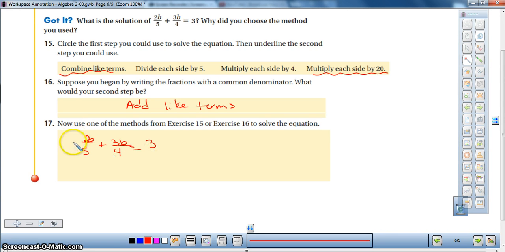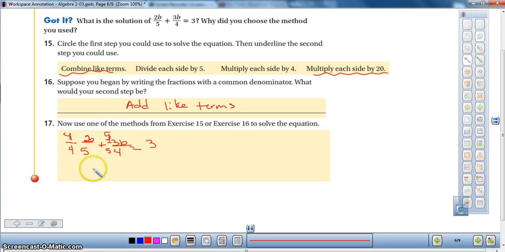Before I can add those, I need a common denominator, so I multiply the first one by 4 and the second one by 5. When we multiply, we need to multiply both numerator and denominator by the same number. You can't multiply by 1/4, but you can multiply by 4 over 4.